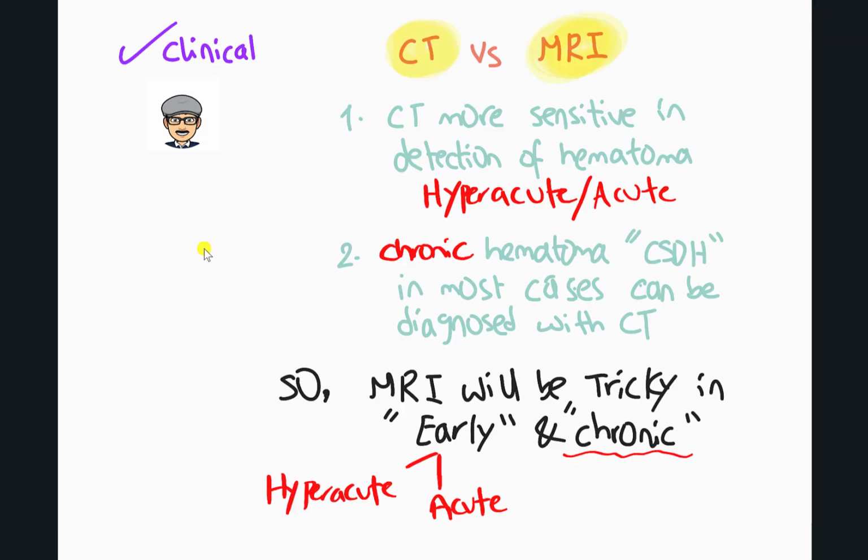The main idea behind my algorithm is that CT is more sensitive than MRI in diagnosis of intracranial hematoma, whether it is an acute or hyperacute stage or chronic hematoma.